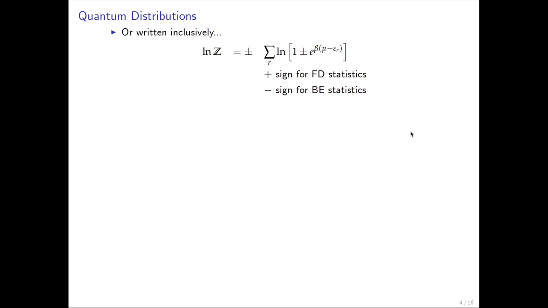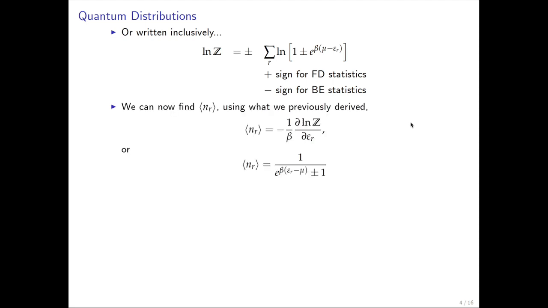And so we found the log of the grand partition function, and we can now go off and calculate some things. For example, we could find the mean value of the occupation of state r. We showed in a prior lecture that the mean n sub r, or the mean occupation number of state r, is just given by minus 1 over beta times the partial derivative of log Z with respect to epsilon sub r.